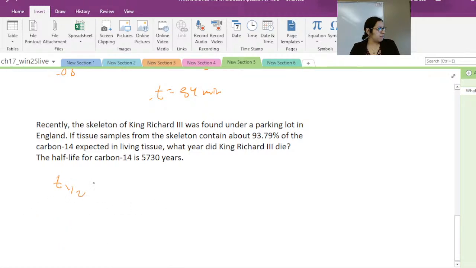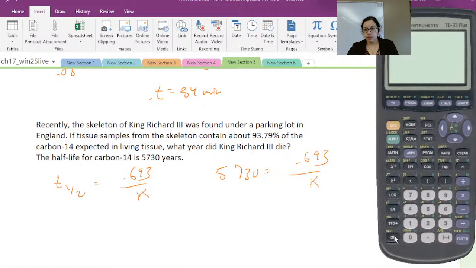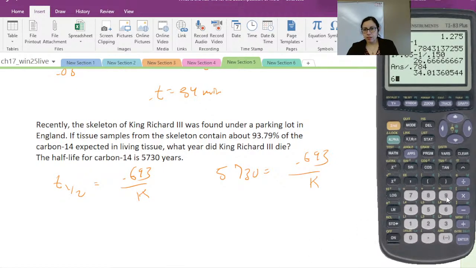So the half-life is again this equation, so we can find our K. We need K again. It would help if I could punch it in properly.